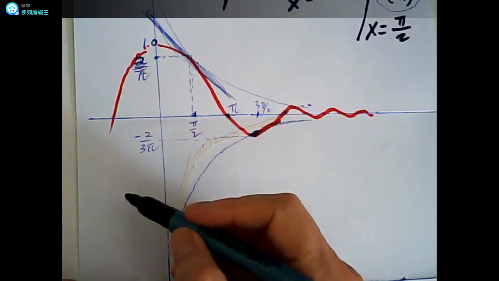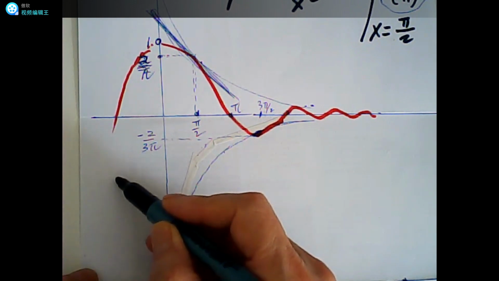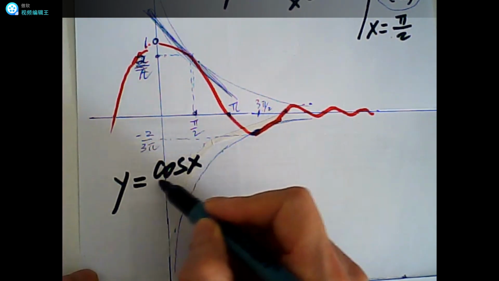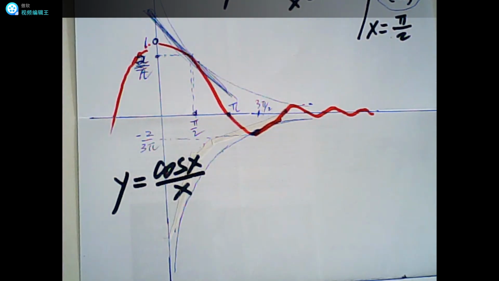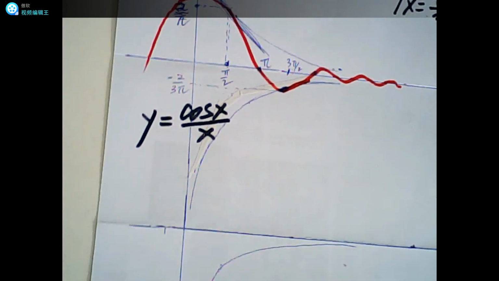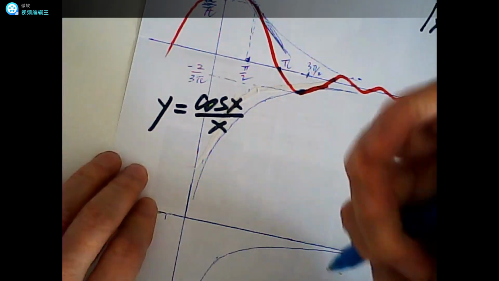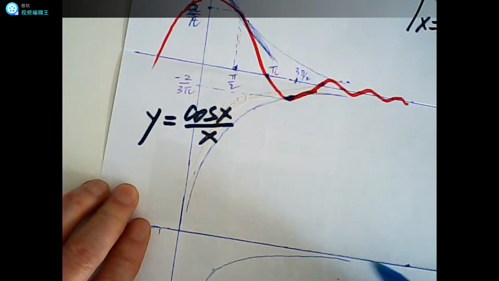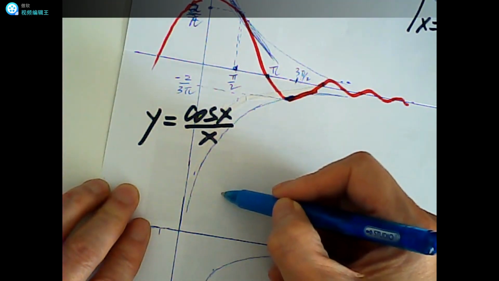Now let's take a look at the next function, y equal to cosine x over x. For this function, similarly we draw the 1 over x form. You see the graph is this.